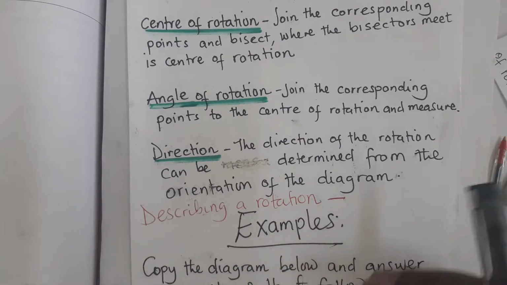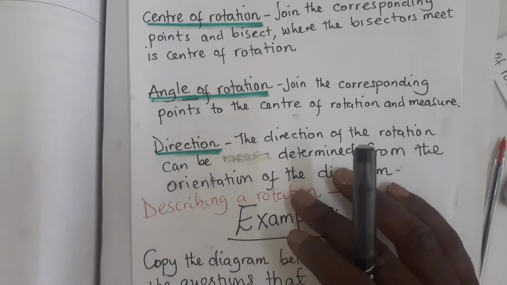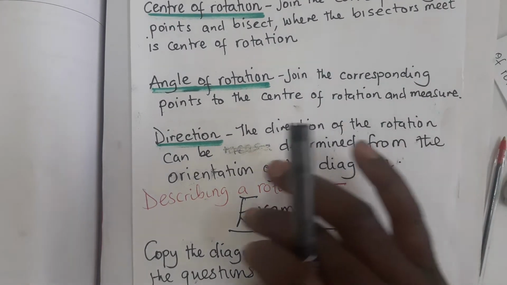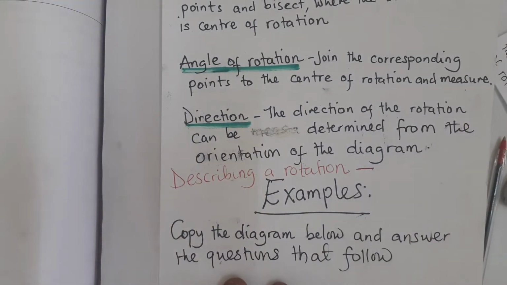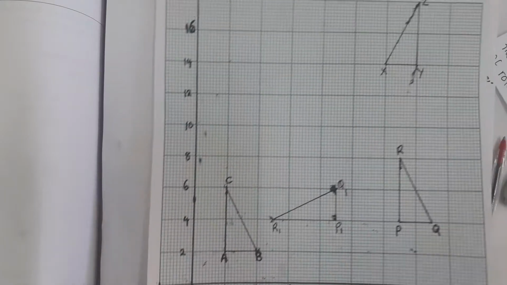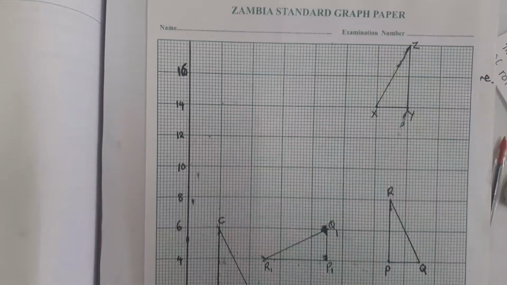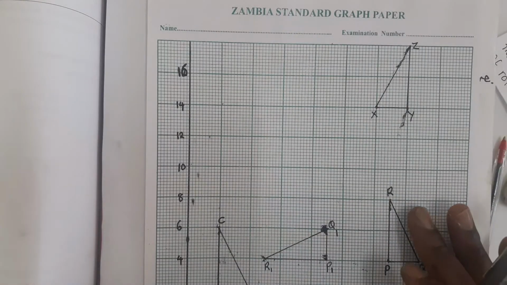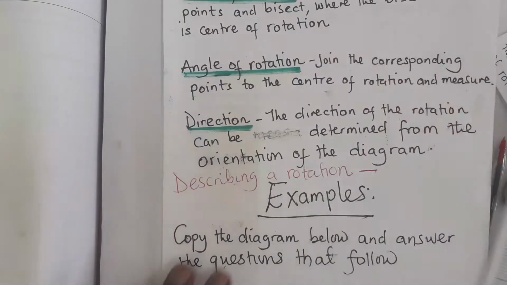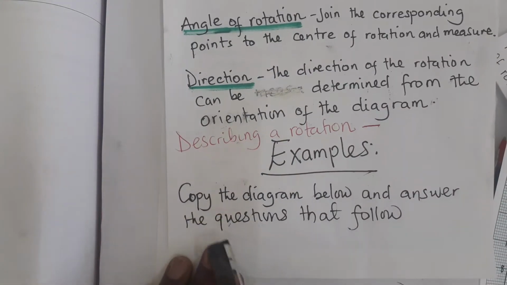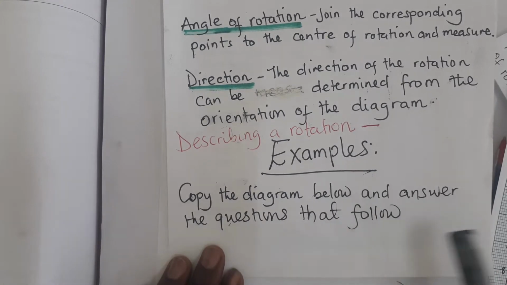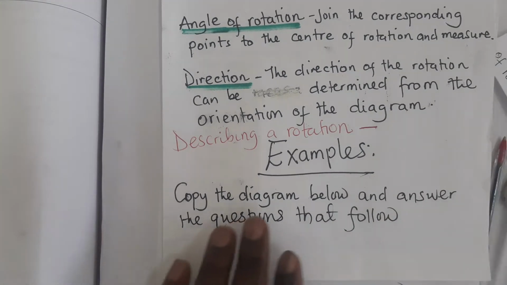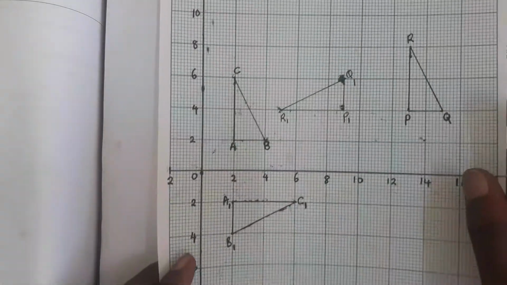You copy whatever I'm going to present from this part, which is the example. We are going to draw. You need to draw this work here. You draw the diagram. Of course, before this, you are going to copy this question. Copy the question below and answer the questions that follow. So the diagram is this.